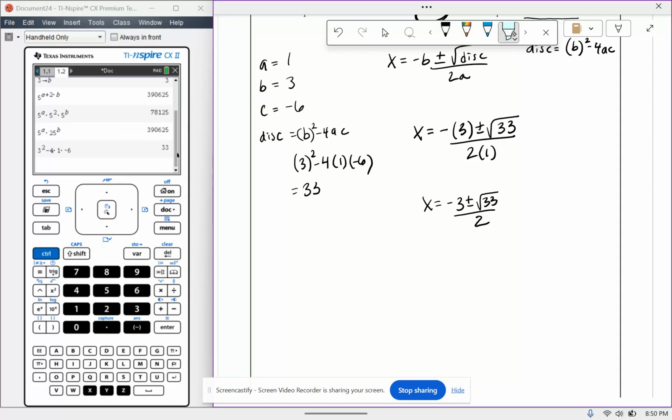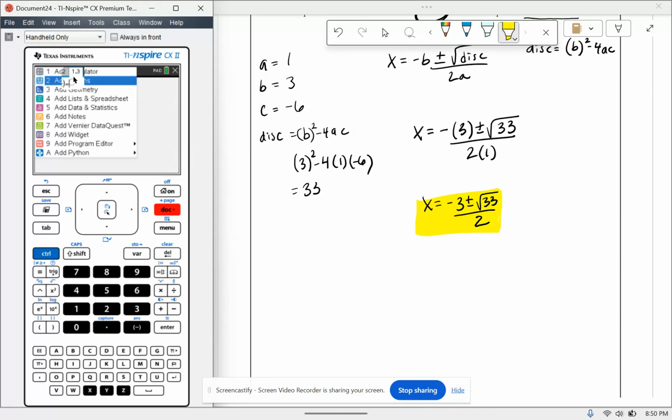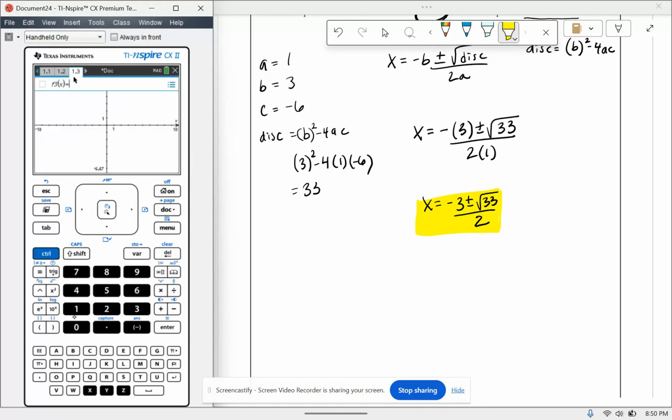Let's double check that there are no perfect squares that are factors of 33. You could probably figure it out because the only factors of 33 are 1 and 33 and 11 and 3. But let's type it in anyway because maybe it's the day of the exam and you're nervous. Control T, scroll through. I don't see any perfect squares in here at all, and they've started repeating, so we're done.